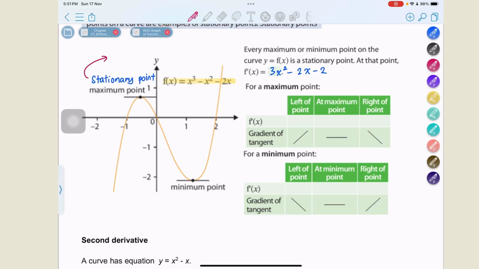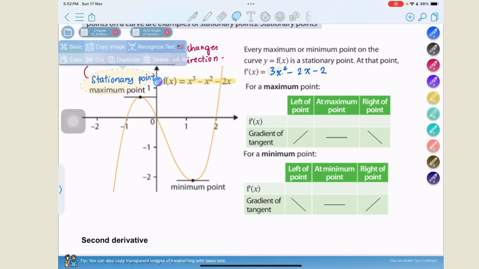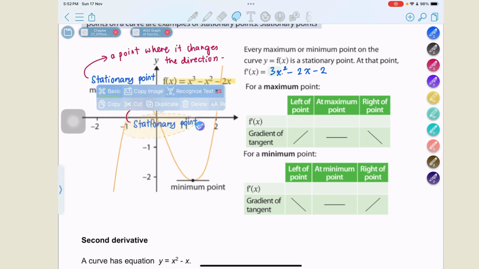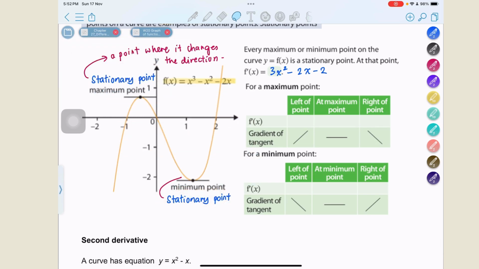A stationary point is a point where it changes direction. Okay, same as this one, this minimum point is also a stationary point.